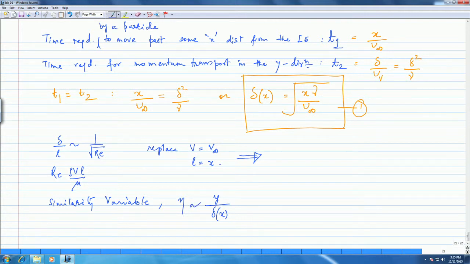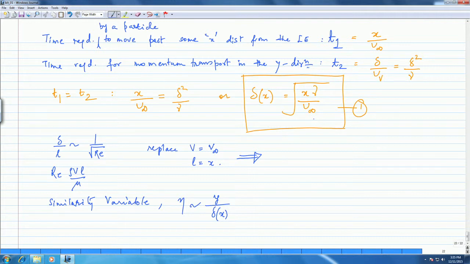Now, if you look at delta from 1, we are going to use this expression, and replace this delta x by this expression here.